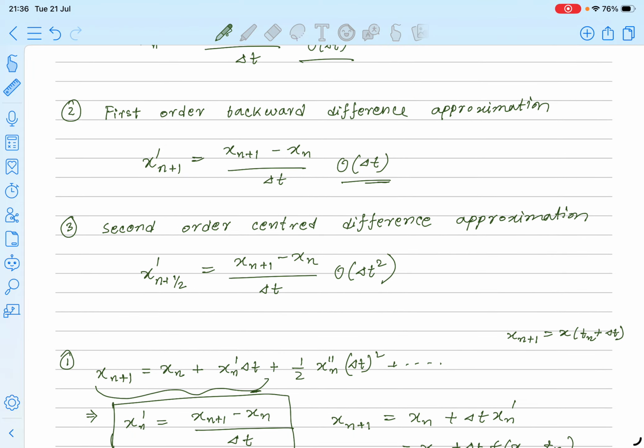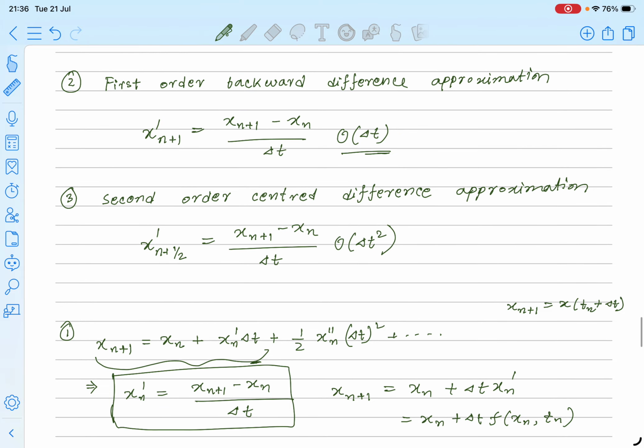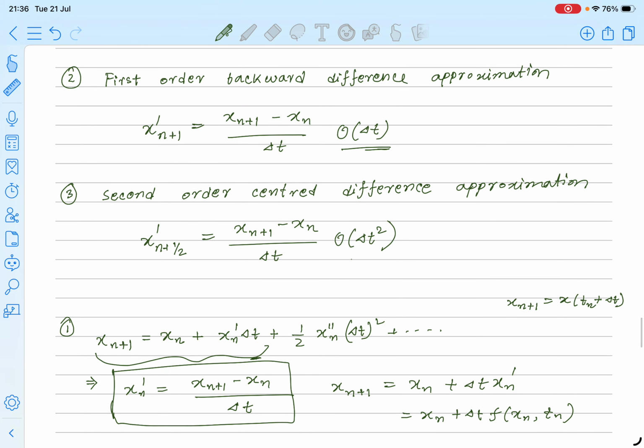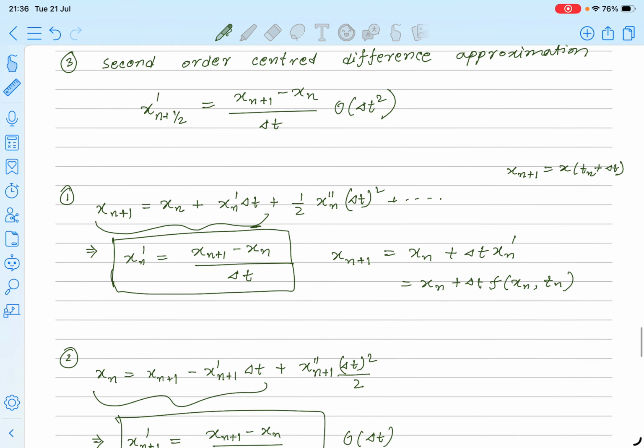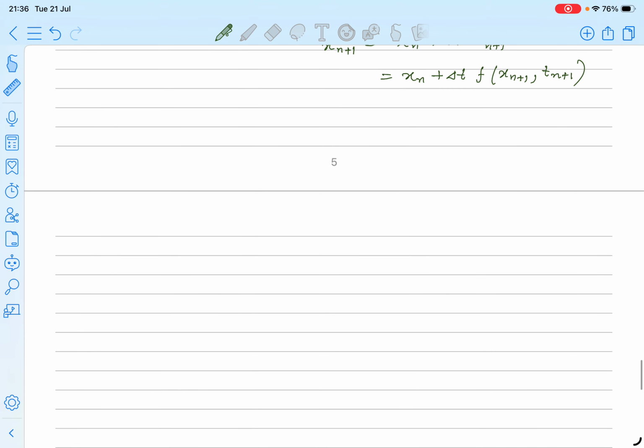And the third method is the second order centered difference approximation, and here the order is delta t squared. So I will show that. To show the centered difference approximation, I will expand x(t_{n+1}) around x(t_{n+1/2}).